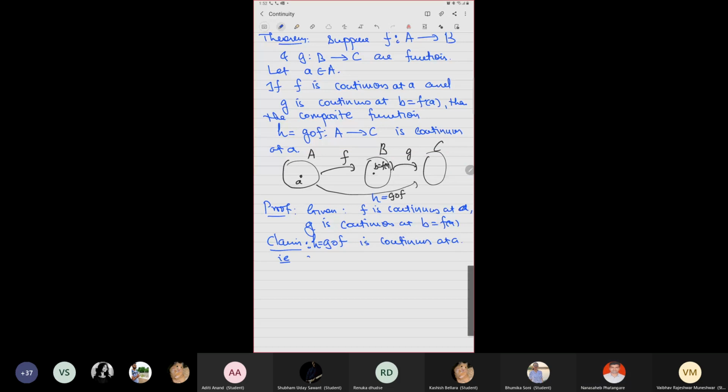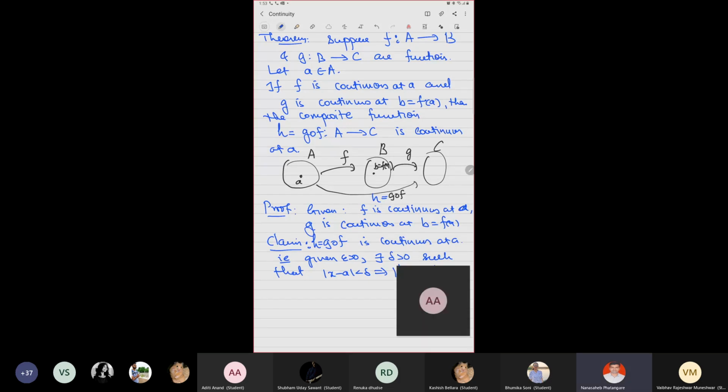That is, given epsilon, there exists delta such that, so given any epsilon we can produce delta such that whenever the distance of x from a is less than delta, then the distance of h of x from h of a is less than epsilon, right?